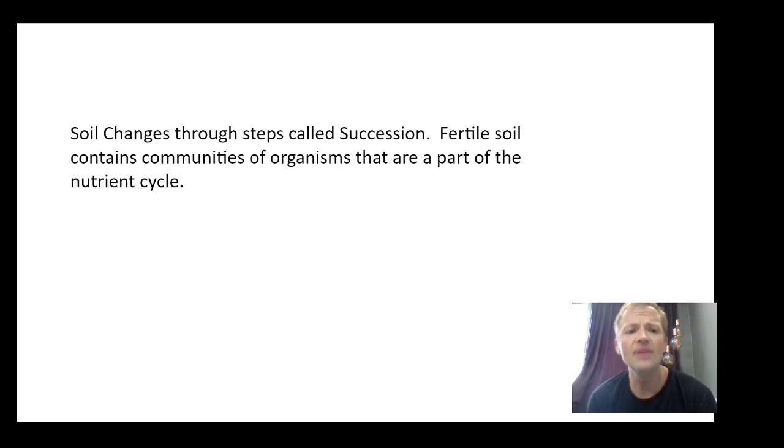Okay, so the biggest thing to know, and this is a recap, is that the actual terminology is that soil changes through steps called succession. That is really what occurs, right? You have your founding blocks, and through a set of steps, you accumulate soil and an ecosystem. Fertile soil contains communities of organisms that are part of the nutrient cycle.